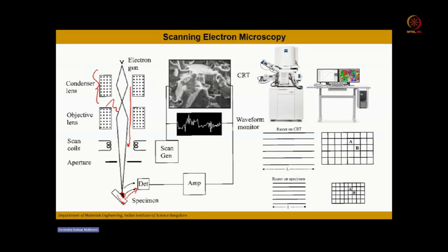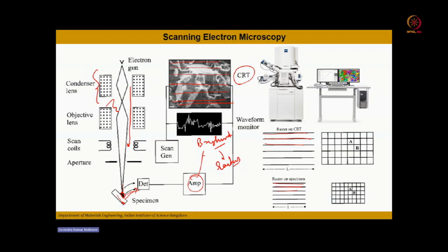As the beam scans or rasters on the sample, at the same rate in the cathode ray tube the spot also scans along the screen, and there is an amplification of the detected electrons, which is directly related to the brightness. This process is called rastering. So this is rastering on the CRT monitor, and this is rastering on the specimen.